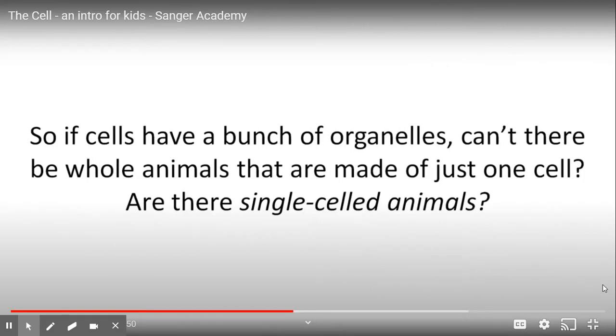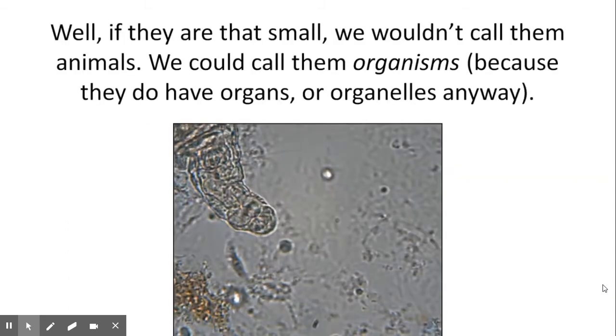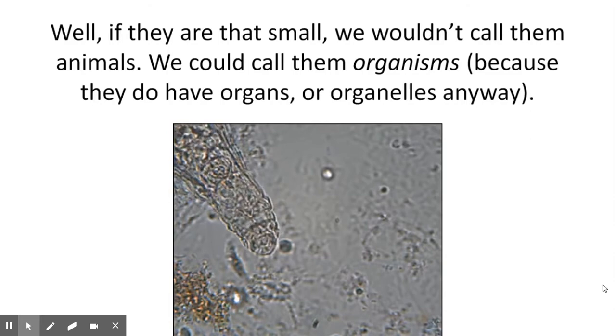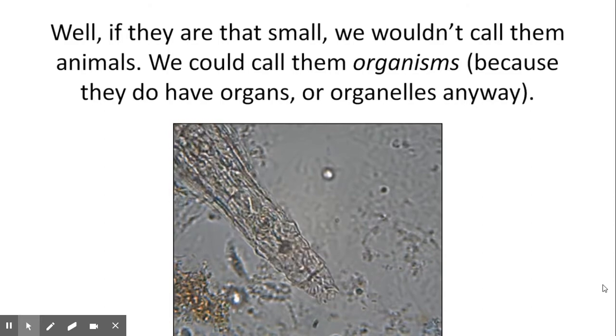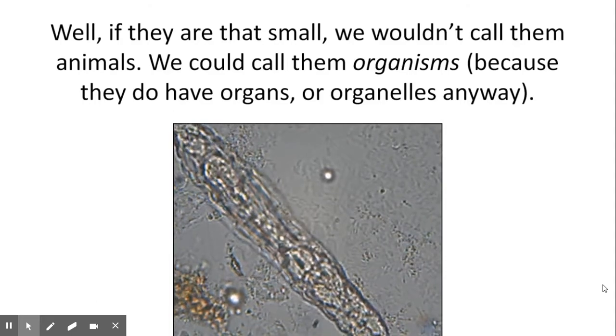So, if cells have a bunch of organelles, can't there be whole animals that are made of just one cell? Are there single-celled animals? Well, if they are that small, we wouldn't call them animals. We could call them organisms, because they do have organs, or organelles anyway.